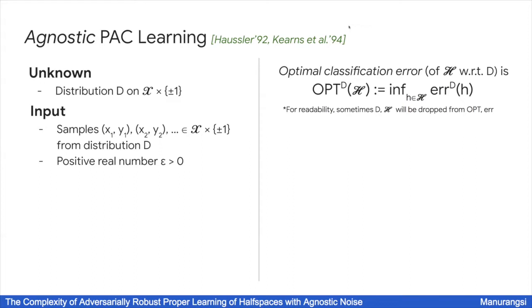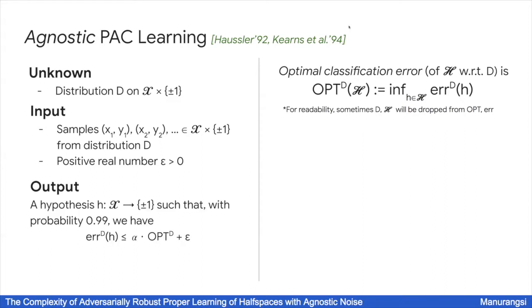There will be no ambiguity, so don't worry about it. Now, our goal here would be to output a hypothesis h such that the classification error is at most alpha times the optimum plus epsilon, where alpha is some constant greater than 1, which is the approximation ratio.